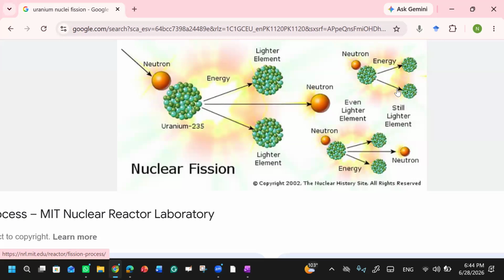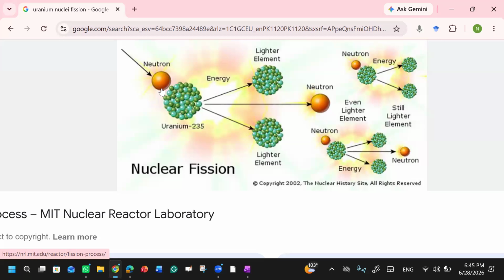This process continues. That's why the world wars always cause drastic effects on the health of the people, because this neutron bombardment continues. Once you have started this reaction, you cannot control it. A person cannot control a bomb explosion.